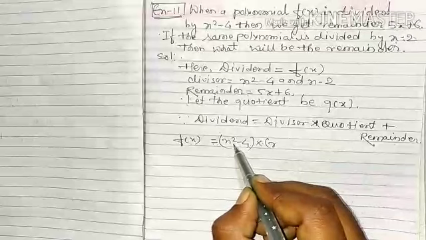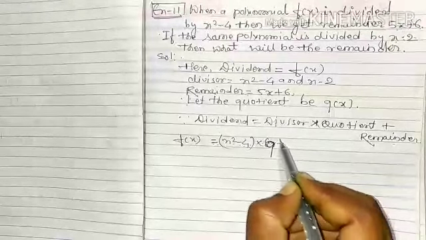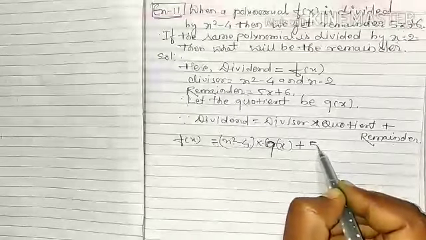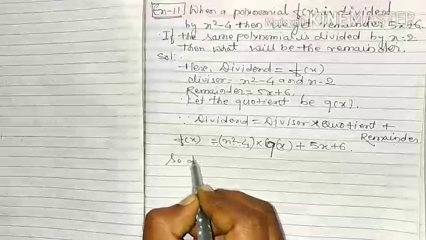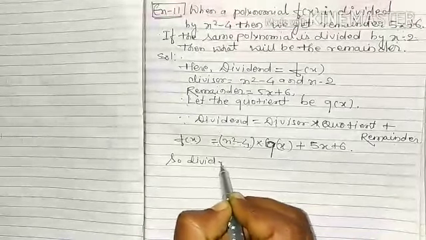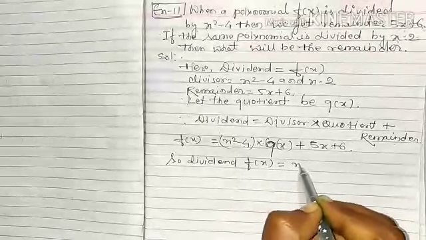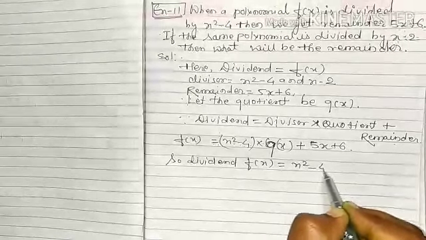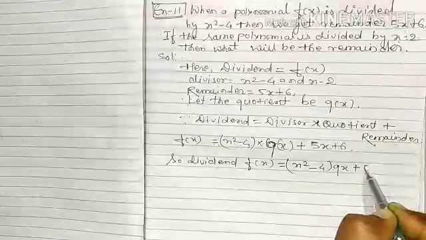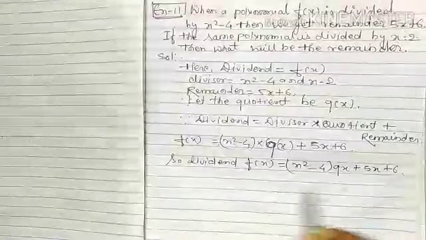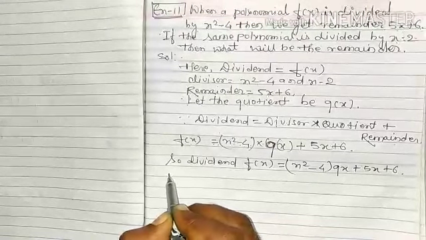So divisor x square minus 4 and quotient q(x) plus remainder 5x plus 6. So the dividend f(x) equal to x square minus 4 into q(x) plus 5x plus 6 we get.